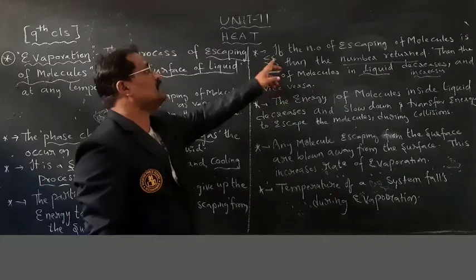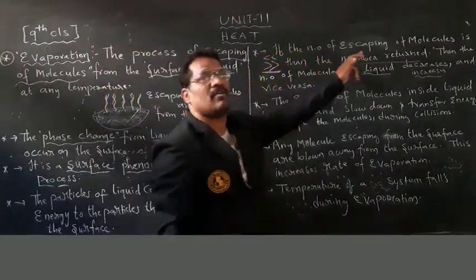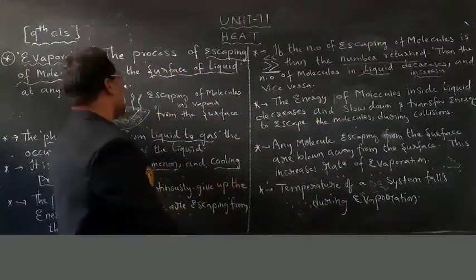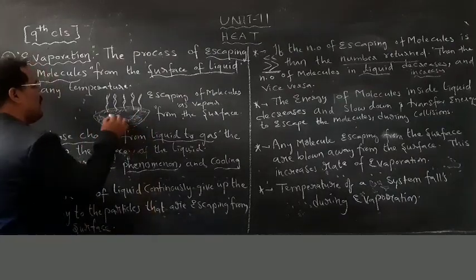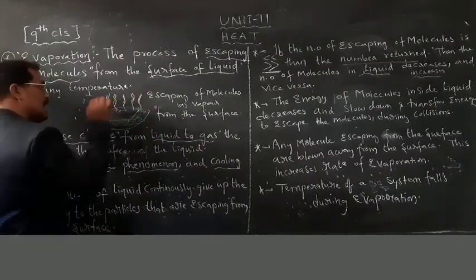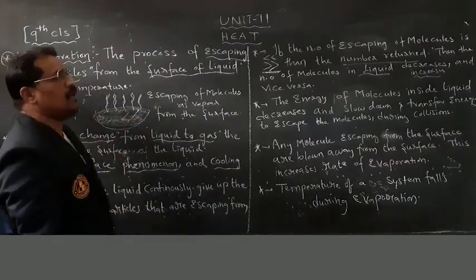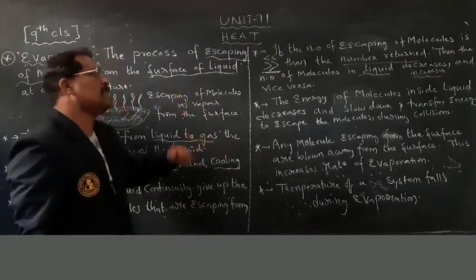If the number of escaping molecules is less than the number of molecules returning within that bowl, then the liquid existing in the bowl will gradually increase. If the number of escaping molecules is greater than the molecules returning to the liquid, then the liquid level within the bowl will gradually decrease.